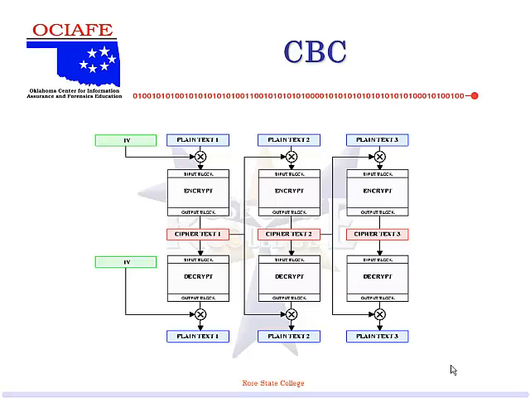To decrypt them, you took the first ciphertext, decrypted it, then XORed the result with the initialization vector, and so on and so forth. The next plaintext was XORed afterwards. So now they're linked together. So now it's more random. If I took the same plaintext on the first one, ECB, they're all the same. If I took the same plaintext here, it's going to be very different.